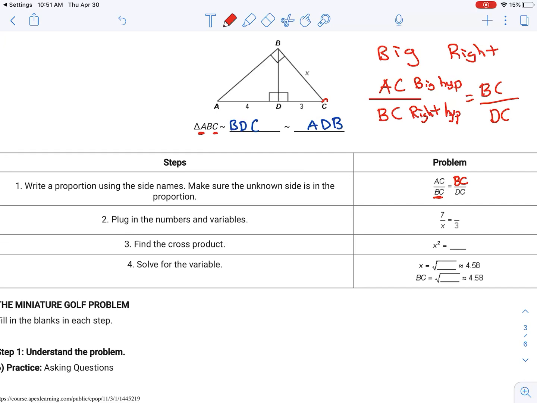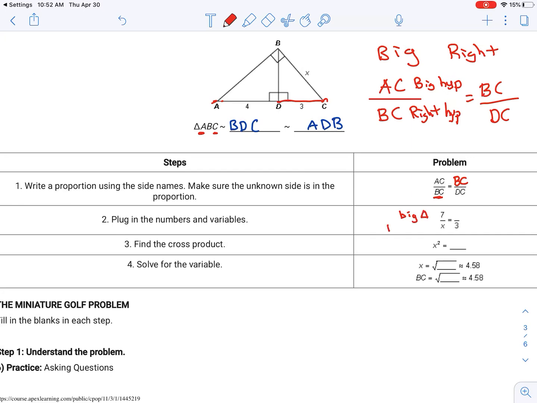Plug in numbers and variables. This is 7 over x. The 7 they get from 4 plus 3. So that's the hypotenuse of the big one over the hypotenuse of the right triangle, equal to 3, which was the short leg of the right one, over x. Now they have 3 on the bottom, so it helps to write it out.